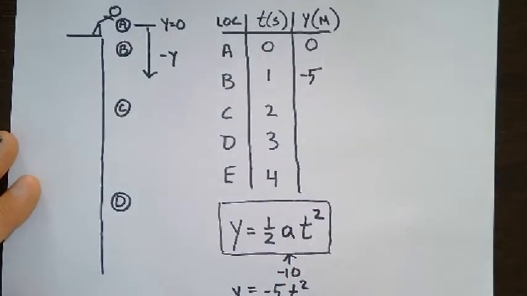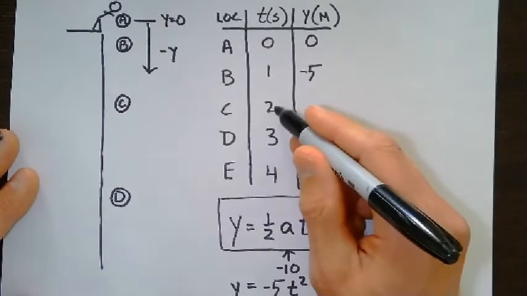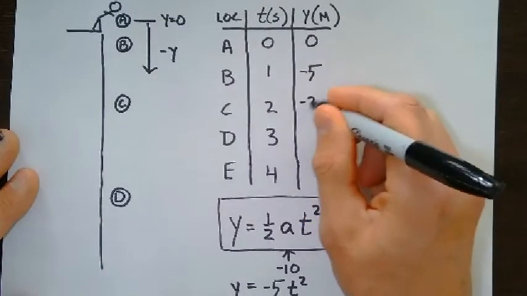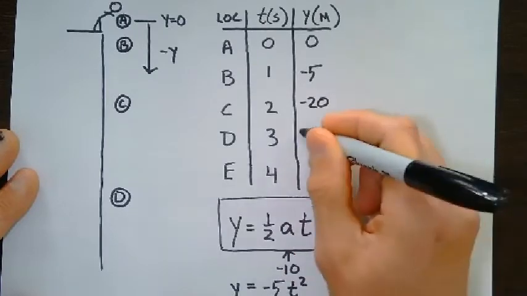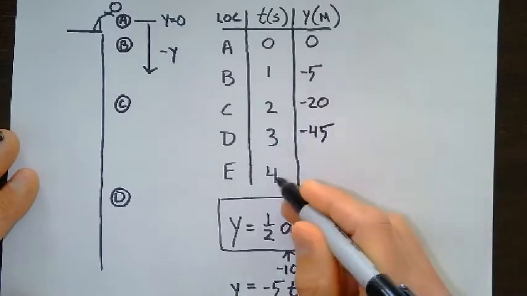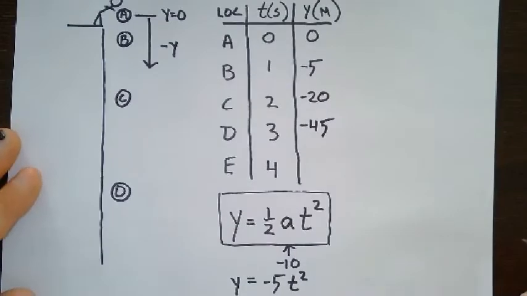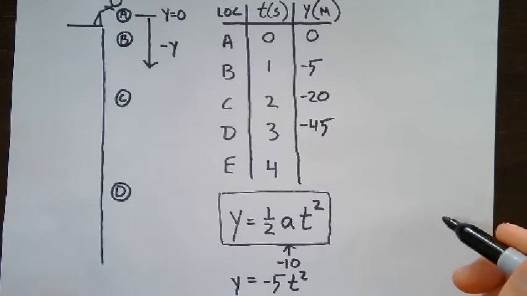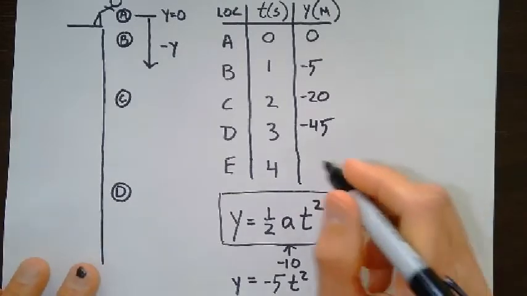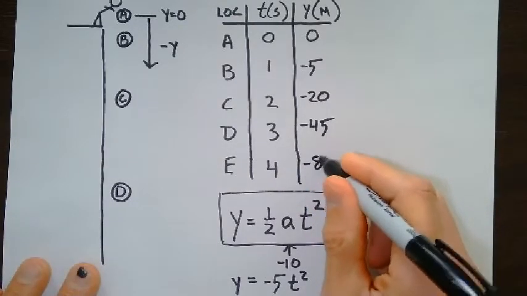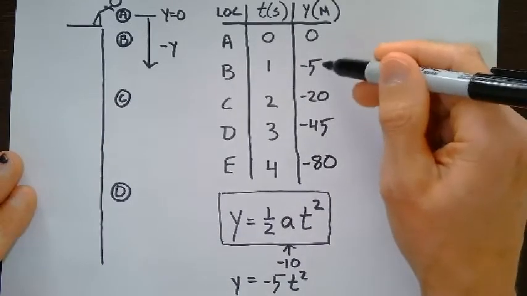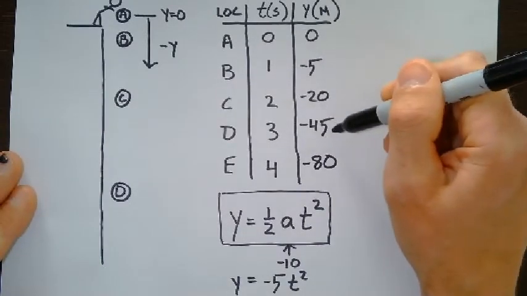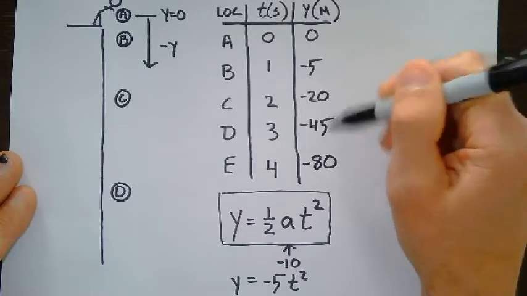Now, you can figure out the other values for yourself. 2 squared is 4. 4 times -5 is -20. 3 squared is 9. 9 times -5 is -45. And 4 squared is 16. And 16 times -5 is -80. So the results that we get here actually show that the position is growing, not in a direct proportional way, but in a growing way.